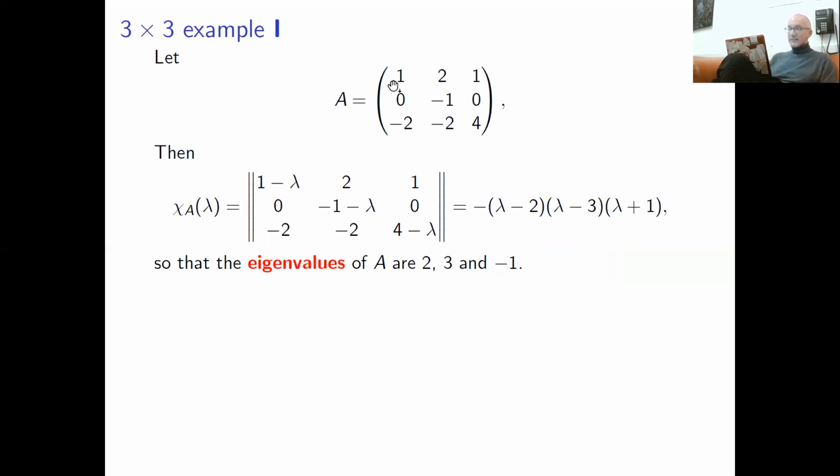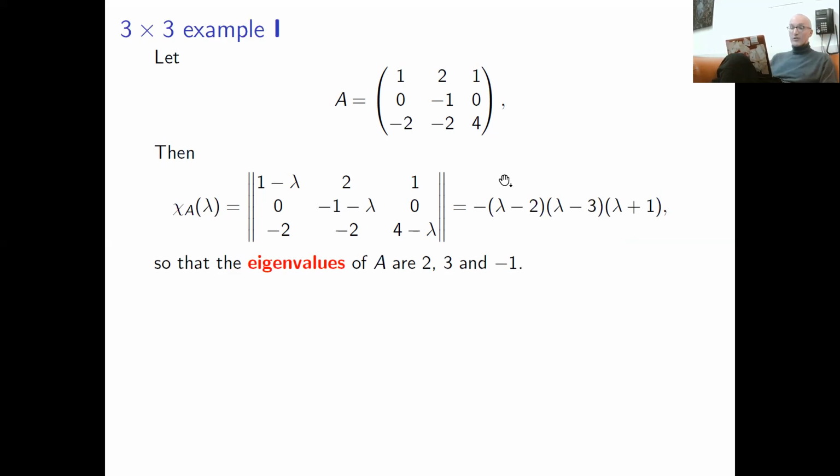How to do this? By definition, you take the matrix A minus lambda I, subtracting lambda from the diagonal, and you get this matrix. Let me remind you, these vertical bars are a shortcut for the determinant. So I took the determinant of this matrix, computed it using the formula, simplified it, and then found all its roots.